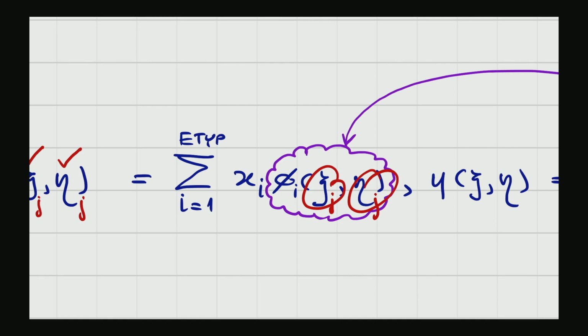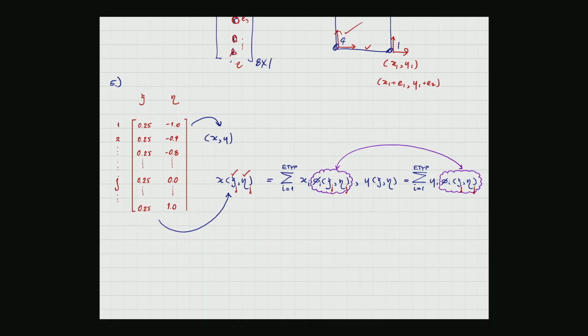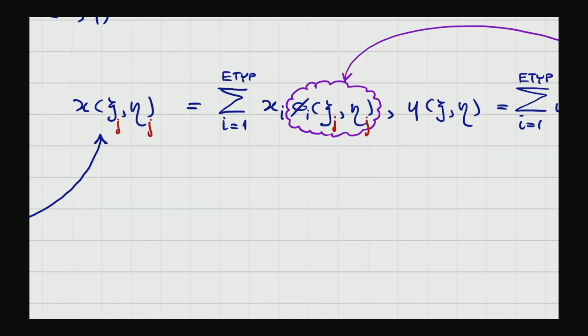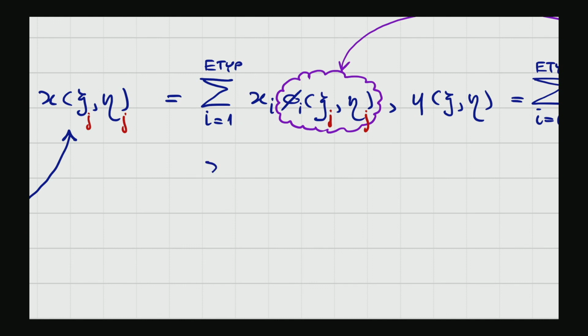Which shape function? x for node number 1 multiplied by shape function number 1 evaluated at C j, eta j, plus... if I expand it out, I'm going to have x of node number 1 multiplied by shape function number 1 evaluated at C j, eta j.